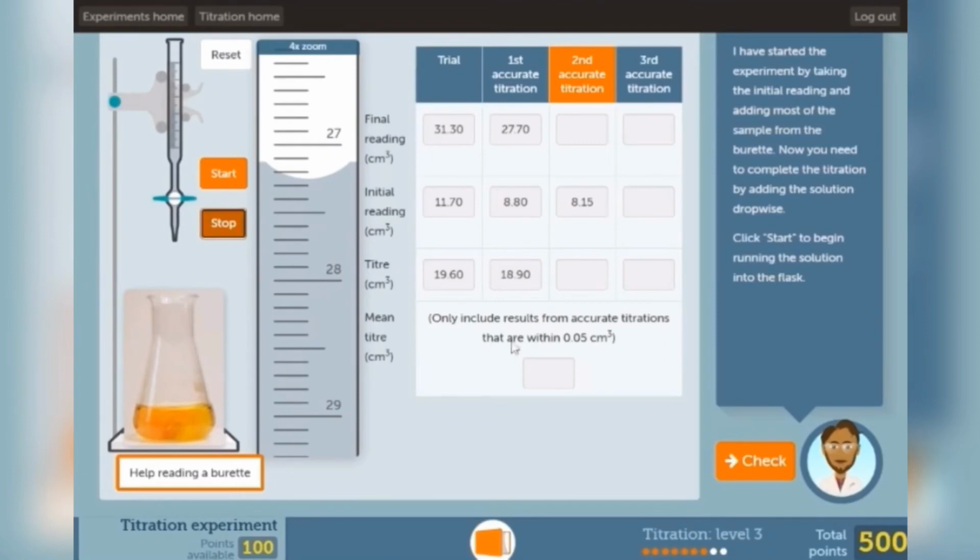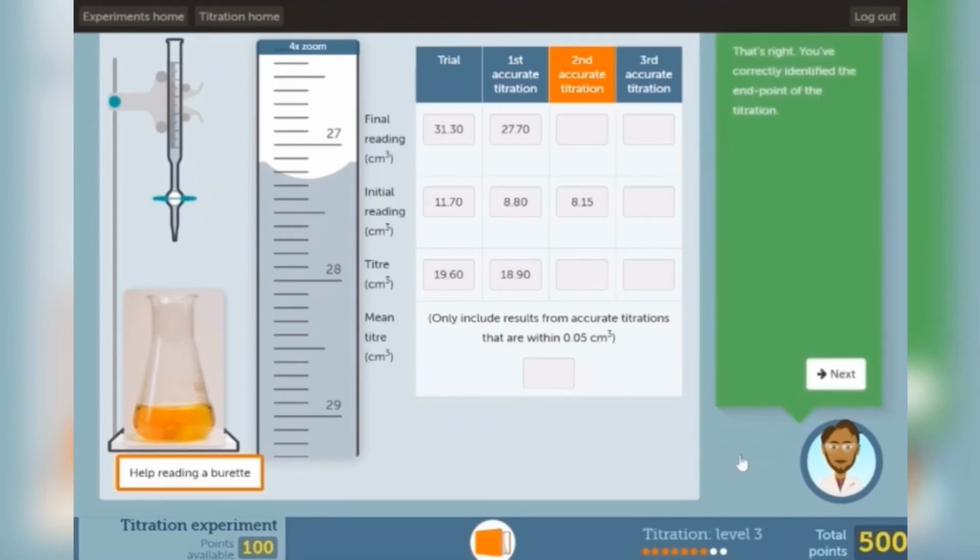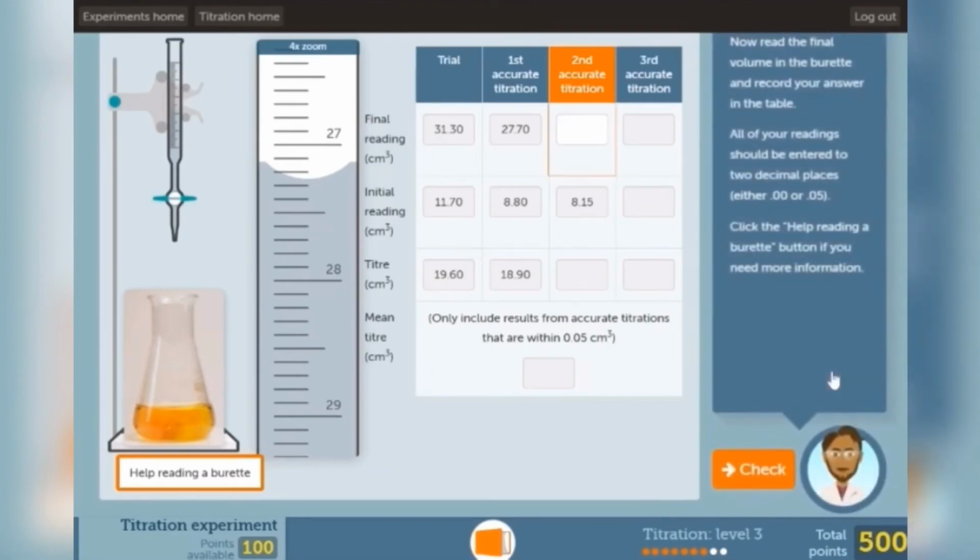The final reading is 27.25 cm³, and we get 19.10 cm³ for the titre volume.